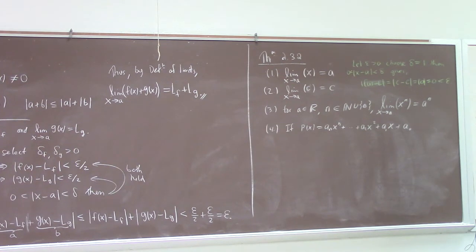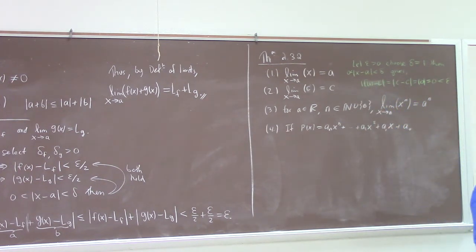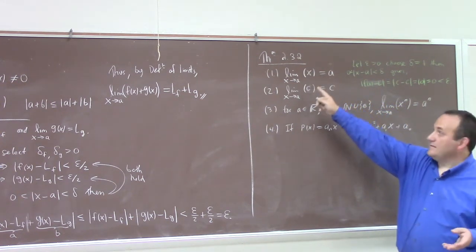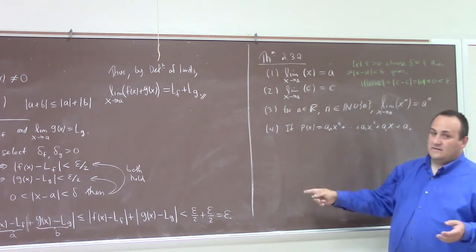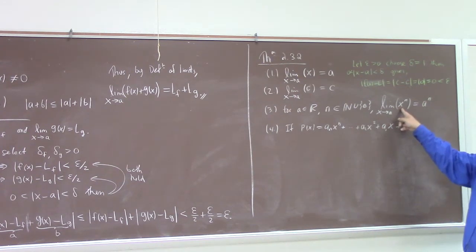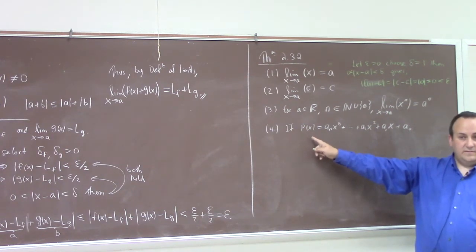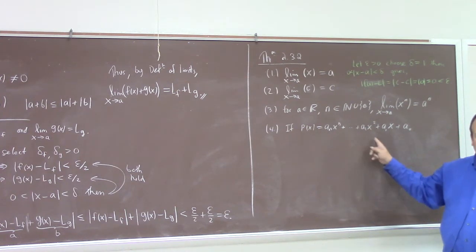So if you look at number 1, number 2, and number 3 here, what I'm saying is you can just plug in the limiting value to calculate the limit in those cases, right? The limit as x goes to a of x is a. The limit of a constant is the constant. For x to the power n, the limit as x goes to a is a to the n. You have a polynomial, a weighted sum of powers of x.